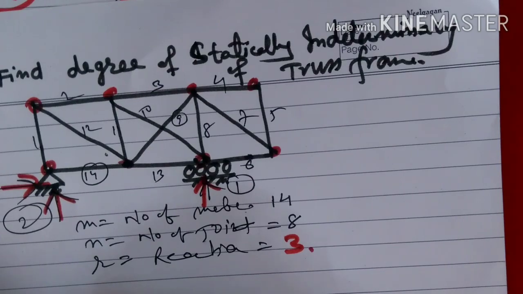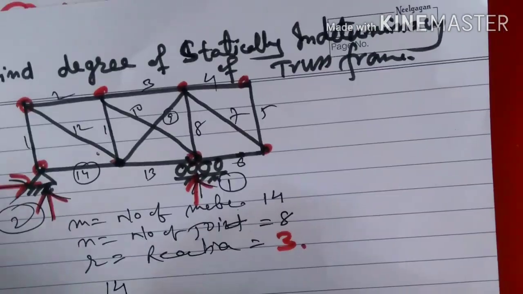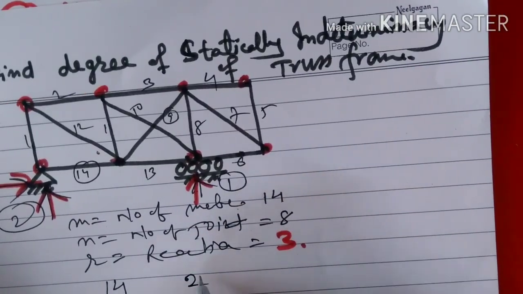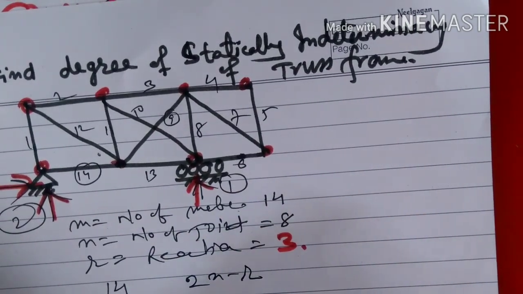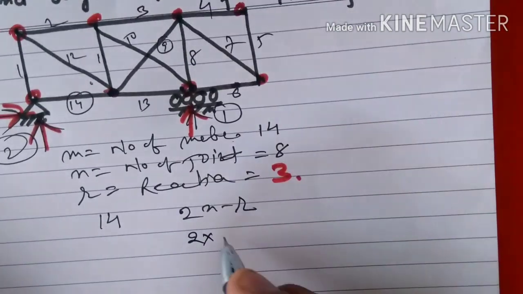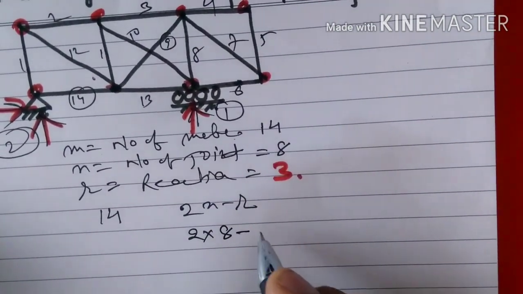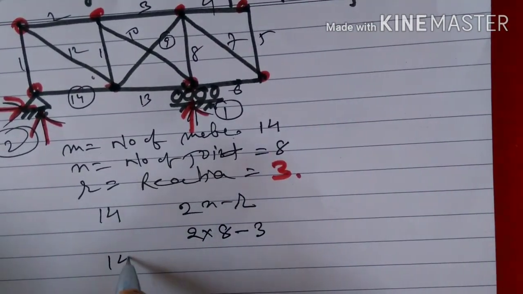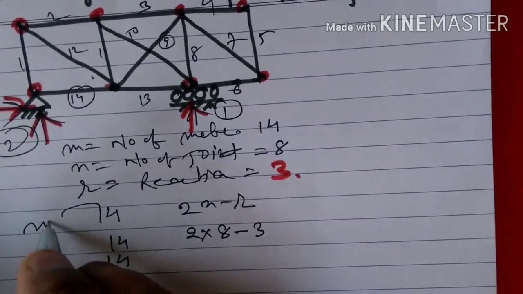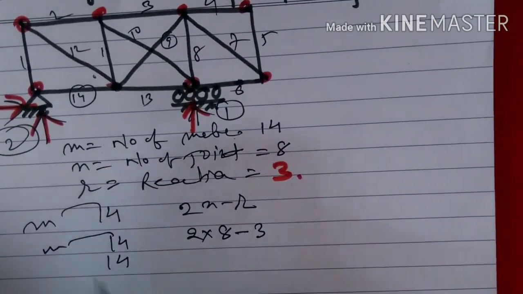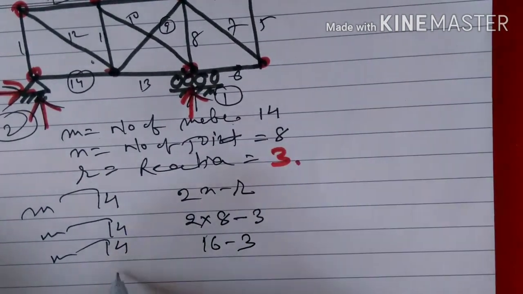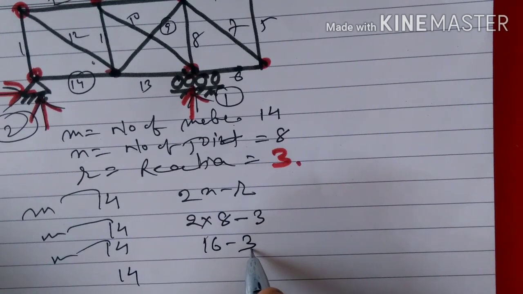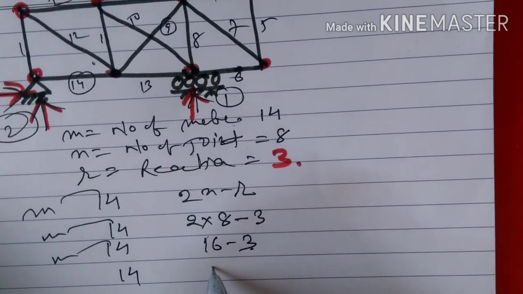Now write here M is equal to 14 and 2N minus R. See, what is this? 2 into N, which is 8, minus R, which is equal to 3. Then 14 is M, and 16 minus 3 is equal to 13.